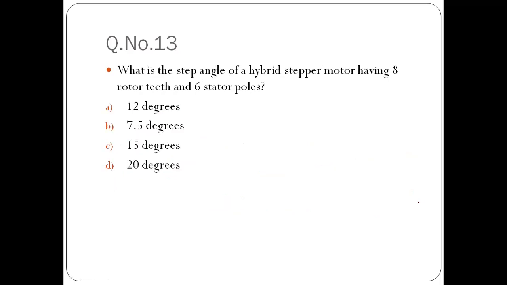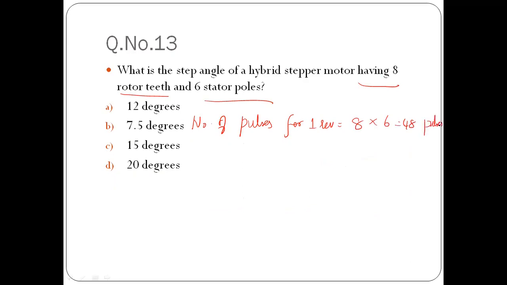What is the step angle of a hybrid stepper motor having 8 rotor teeth and 6 stator poles? There is a simple formula. The number of pulses for one revolution is given by number of rotor teeth into number of stator poles. So it is 8 into 6, that is 48. So this is for 1 revolution.